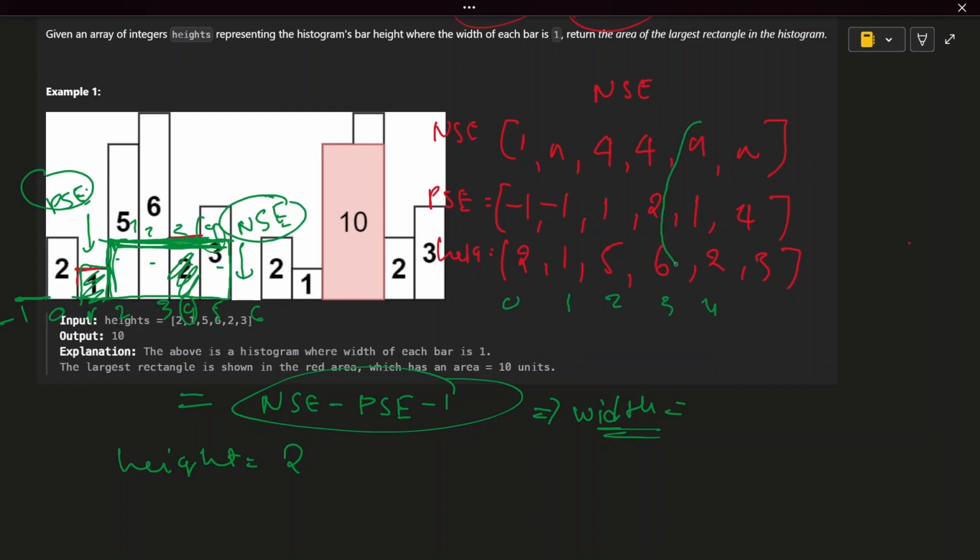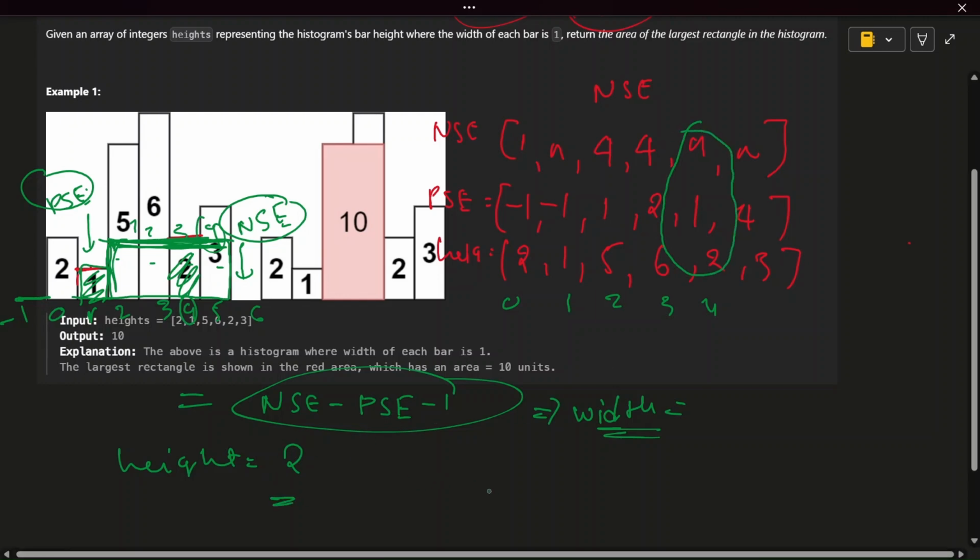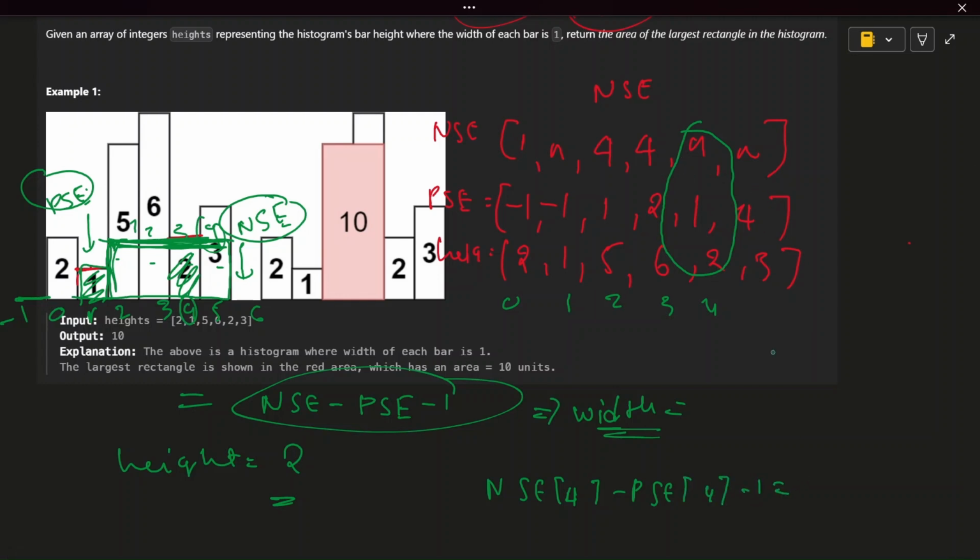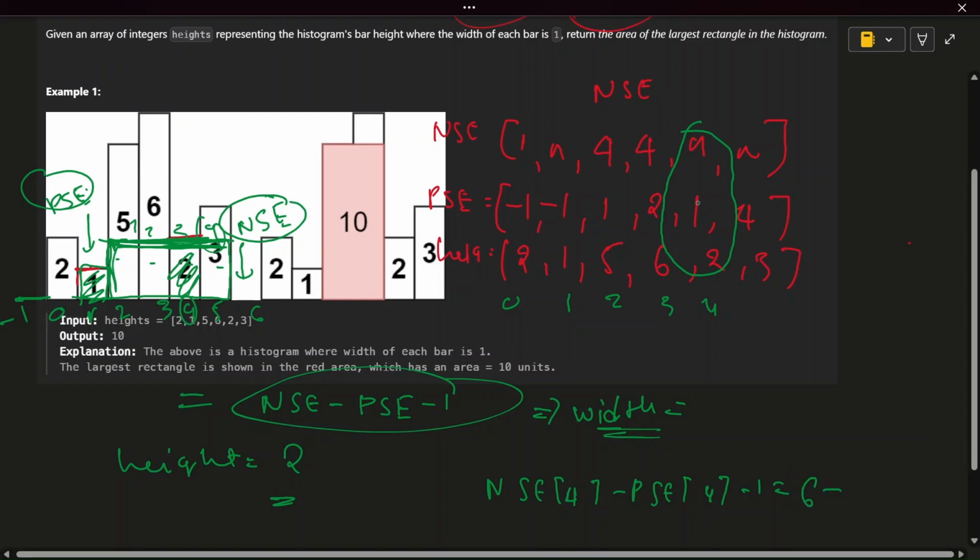We consider this. So height is 2 now. NSE of index 4 minus PSE of index 4 minus 1: NSE is n, that is 6, minus PSE is 1, minus 1. What we will get? 6 minus 2, that is 4.